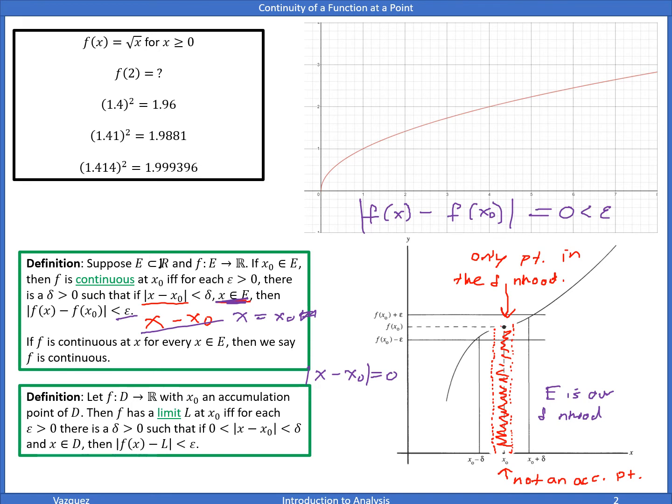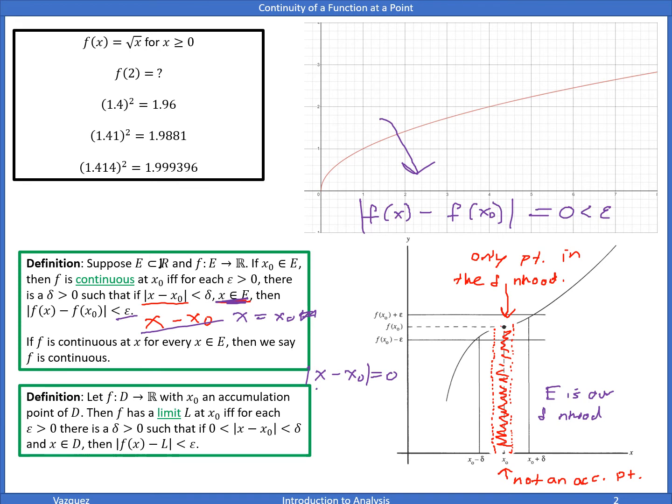So that's how we guarantee that it's less than epsilon for any epsilon. Meaning that if it's an isolated point, or the only point in the set E, then x naught has to equal x, implying that their difference is 0. So then we get f of x minus f of x naught is equal to 0, which is less than epsilon. So it's always less than epsilon.